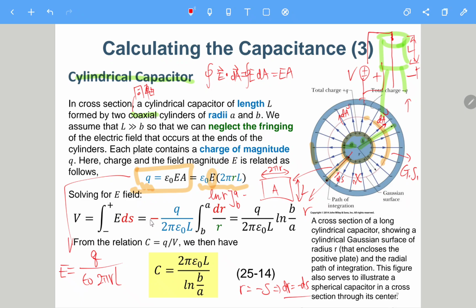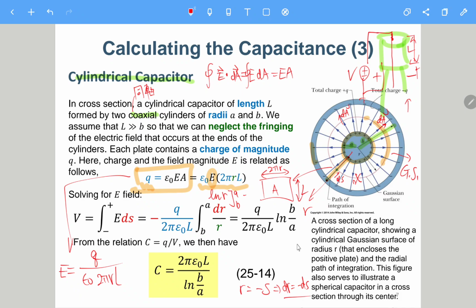But here we have a negative sign, we put this negative sign there, then we could have natural log of b over a instead. So I hope you still remember the relationship for the natural log. So for the integration with the negative sign, it becomes natural log of b over a.